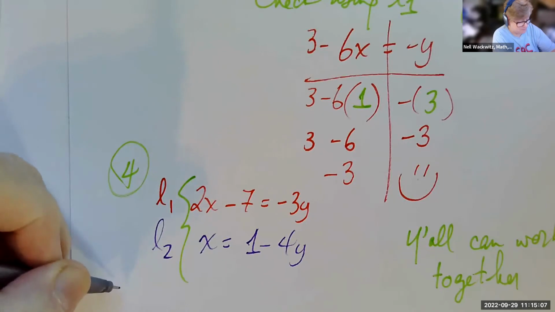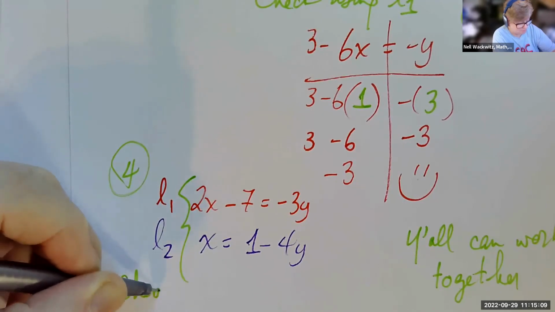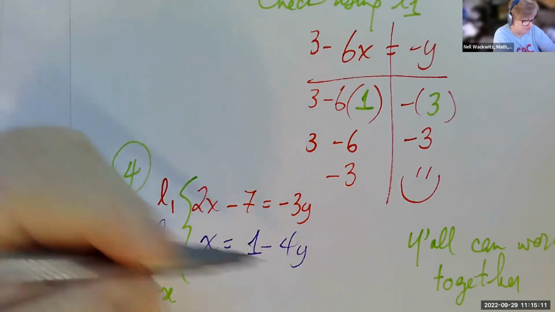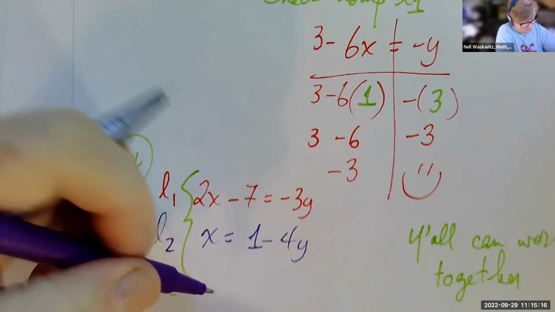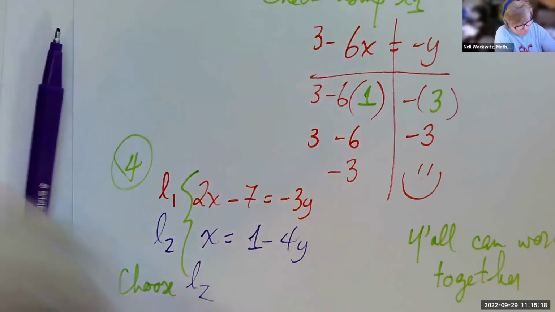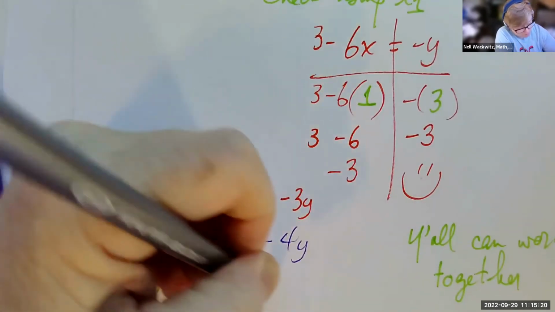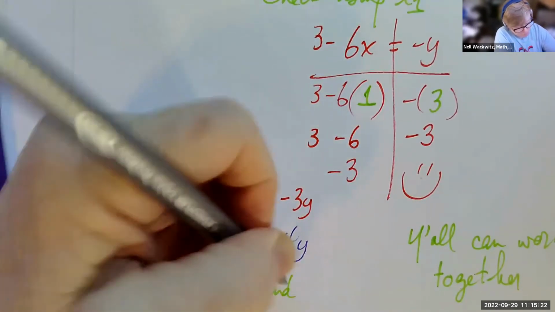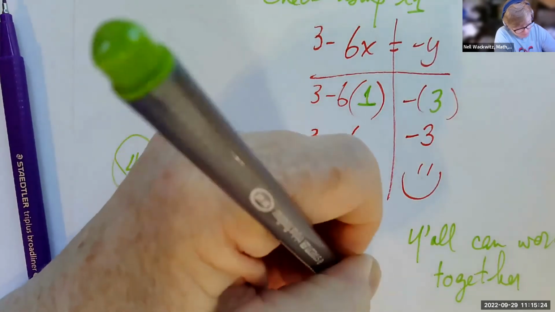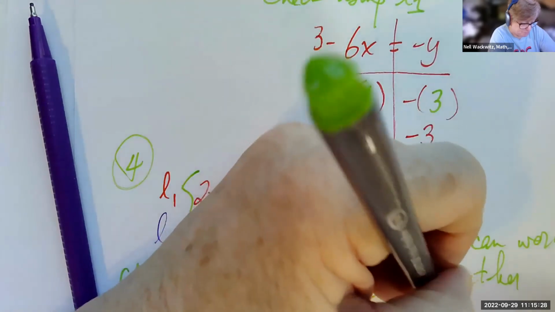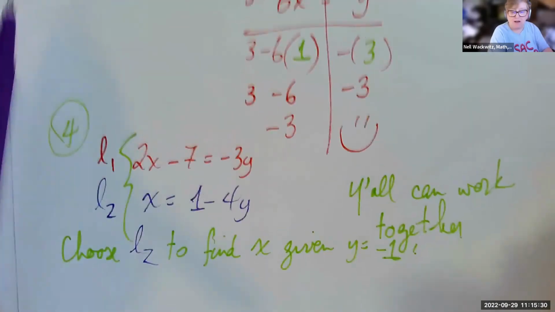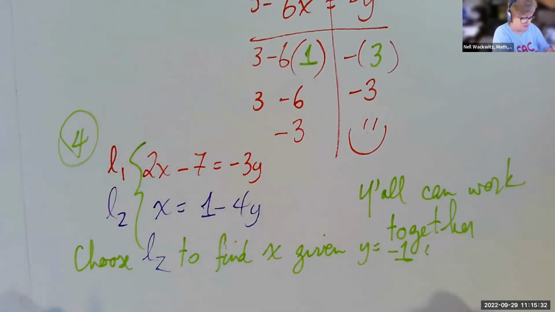Let's use the one with the X, line 2. All right. Y is -1, or we hope that that's correct.